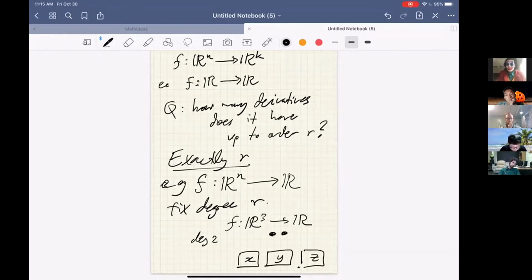For example, if you put both balls into X, that's XX. If you put 1 into X and 1 into Y, that's XY. Notice that's the same thing as putting 1 into Y and 1 into X. So this accounts for equality of mixed partials, and so on. So this is a combinatorics problem. You have to use stars and bars or something. I was never very good at that. So I'll just tell you the answer.